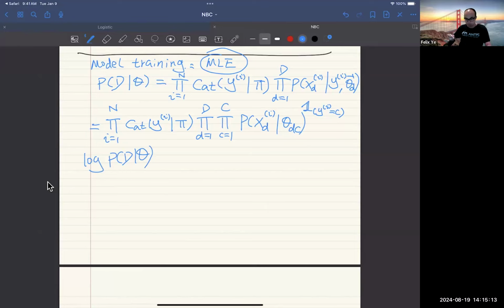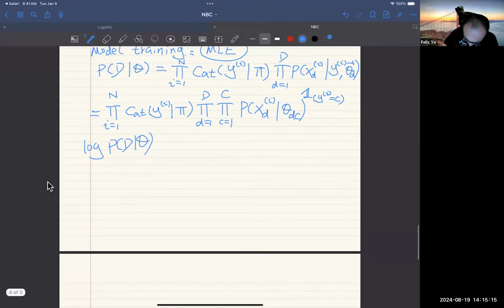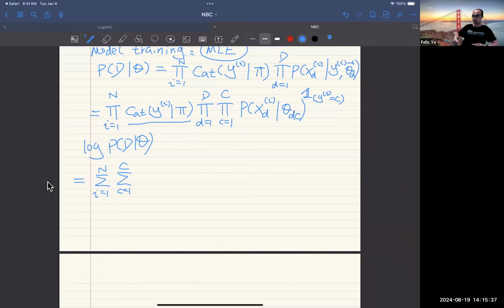If we take the logarithm, this is summation i from 1 to n, and if we sum over all possible cases, c from 1 to C. This part is nothing but fitting a multivariate categorical distribution.